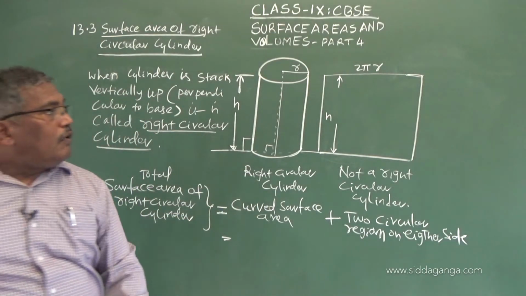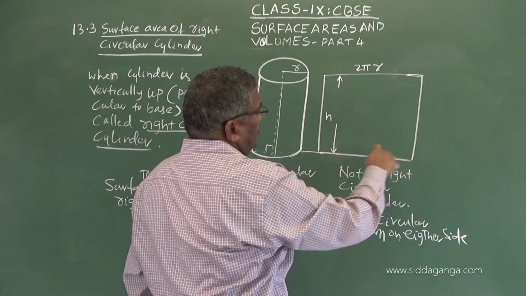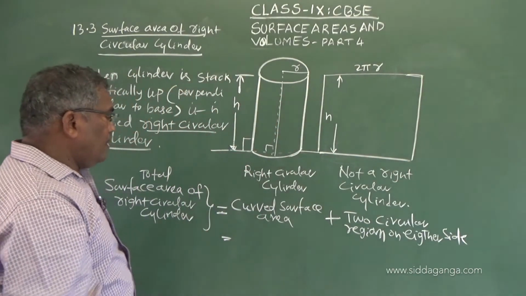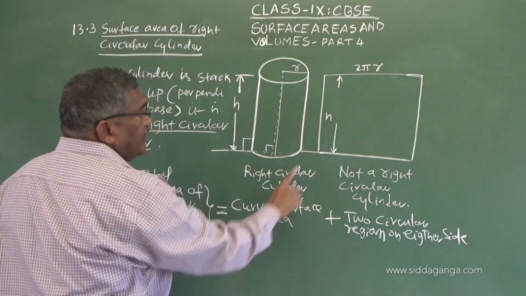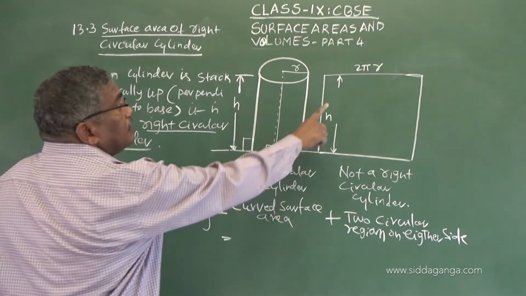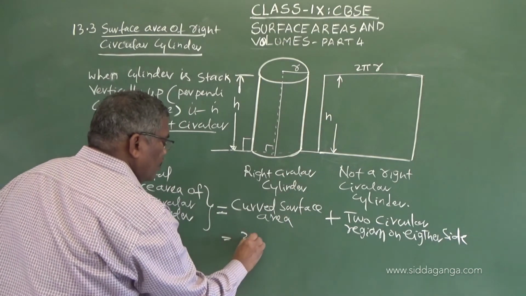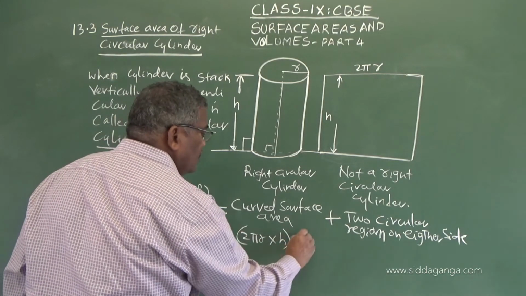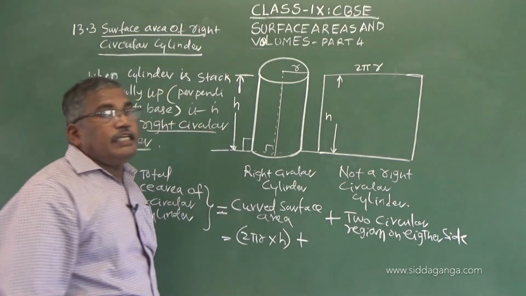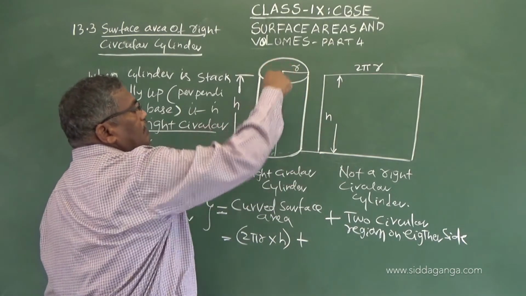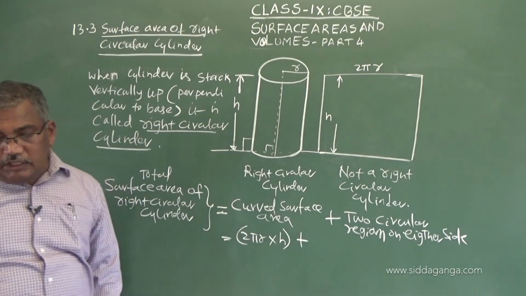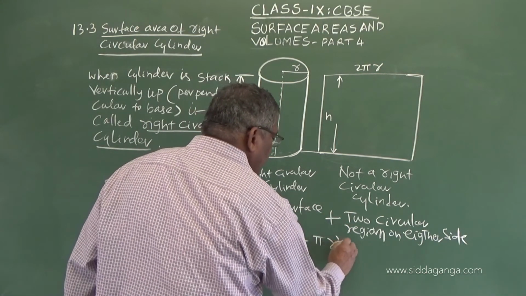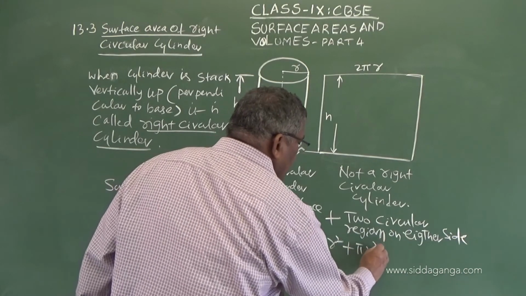So therefore, the area of this rectangle is nothing but the curved surface area. We take it as a rectangle. Length is 2 pi r into height h, 2 pi r h, plus 2 circular regions, one at the top and one at the bottom. Circular region area is pi r square on one side plus pi r square on the other side.